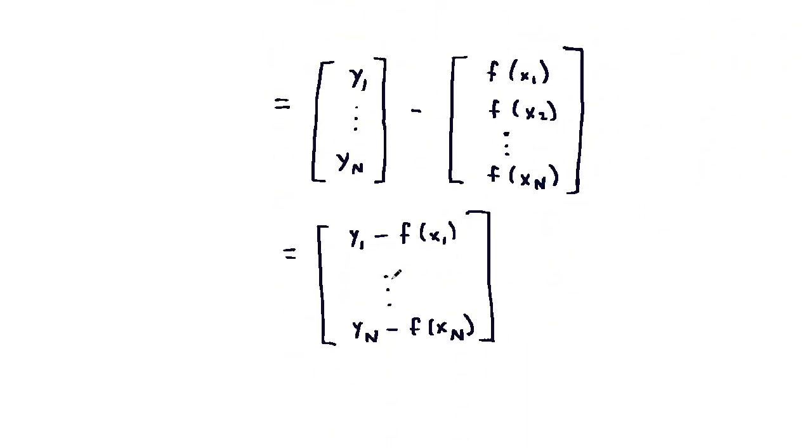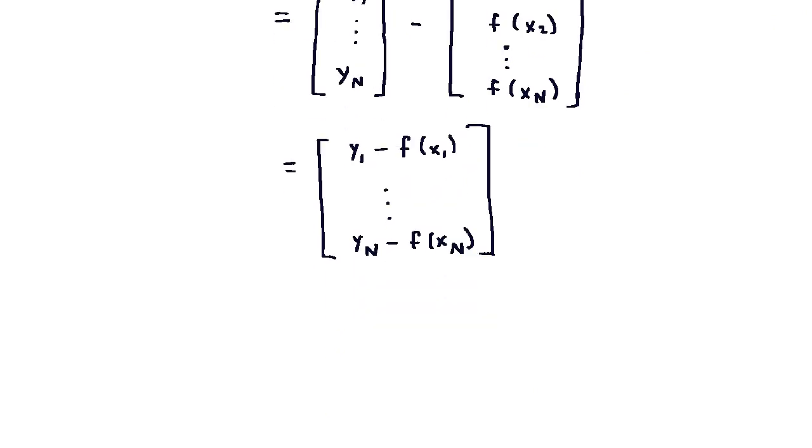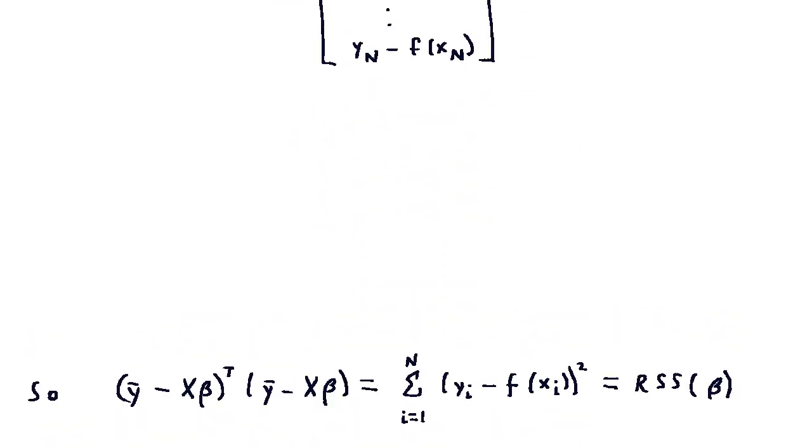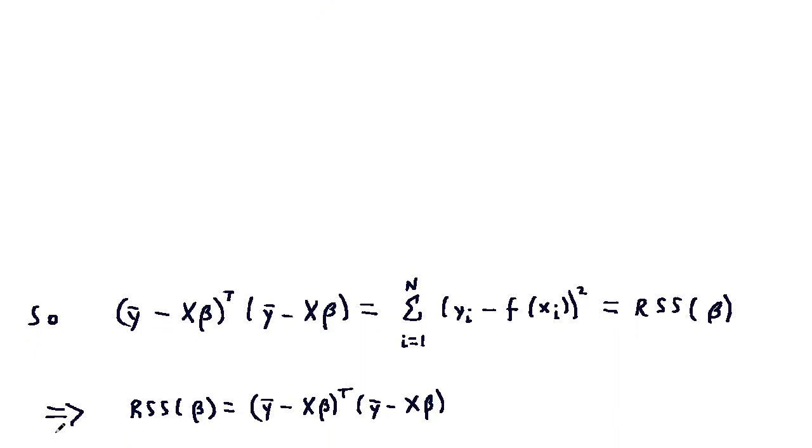When we take the transpose and multiply by itself, we get all these entries squared and we sum them up. That's just equal to the RSS of beta. Therefore the RSS of beta is y minus x beta transpose times y minus x beta.